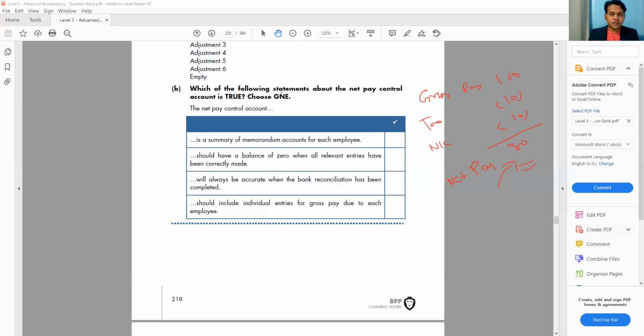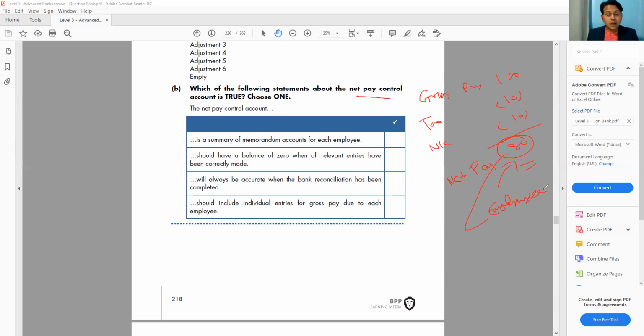So, which of the following statements about the net pay control account is true? Remember, the net pay control account balance always has to be zero. There'll be no balance carried down or brought down, because the net pay we have to pay to the employee. We cannot say the net pay is £100 and we pay the employee £80, and £20 next month.